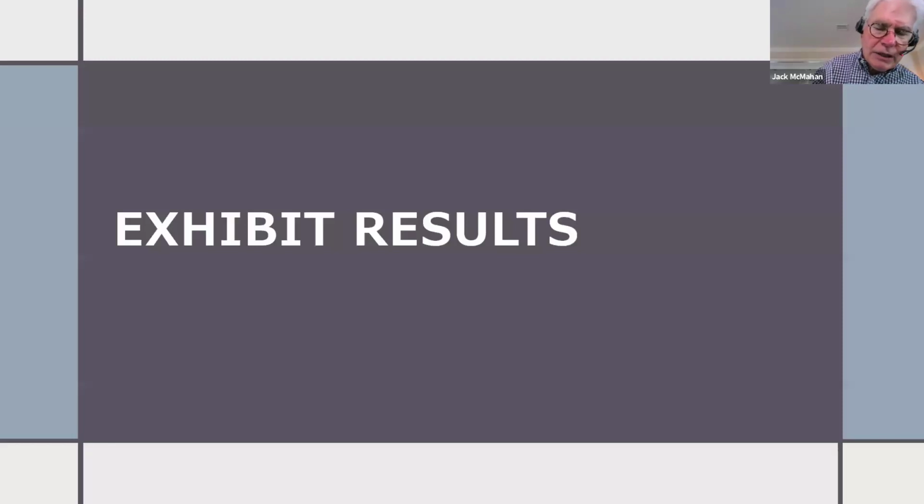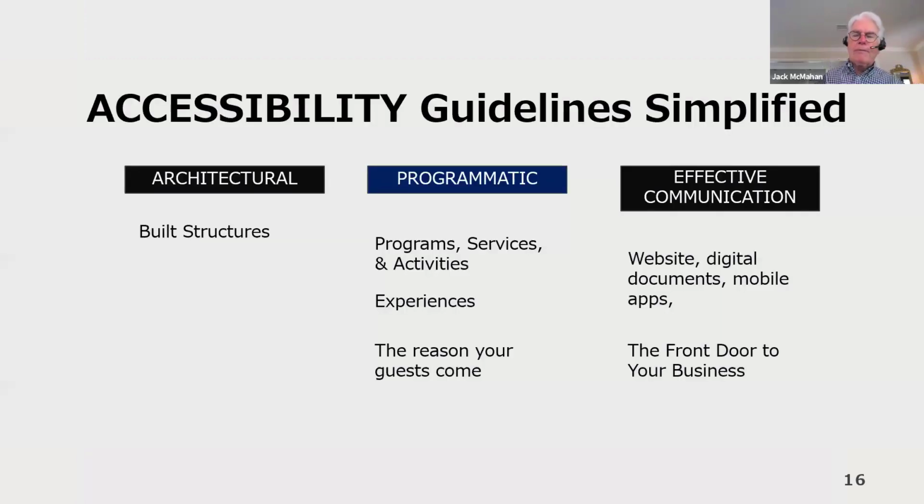So what actually happened? First of all, there are several elements of accessibility in any project. Every project has these. It will have architectural variables, it will have programmatic variables, and it certainly will have communication variables.